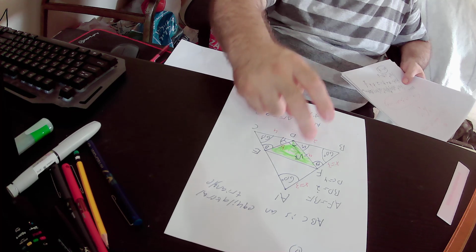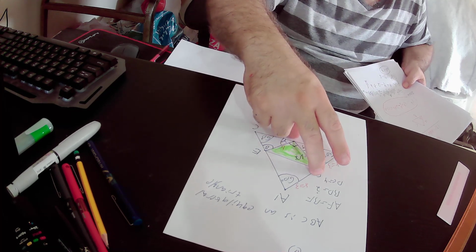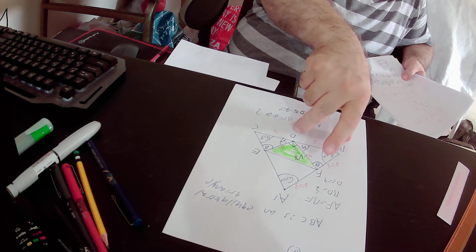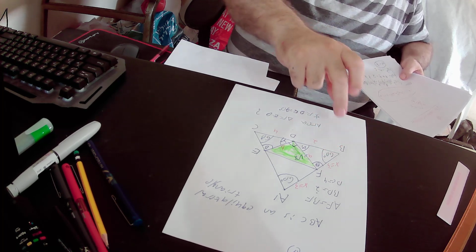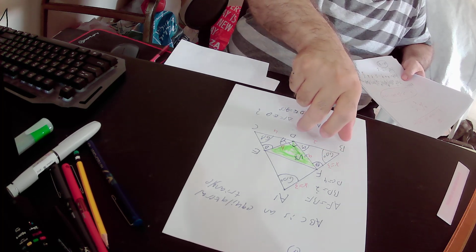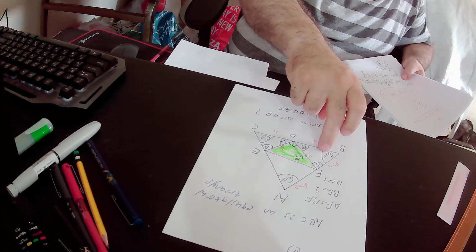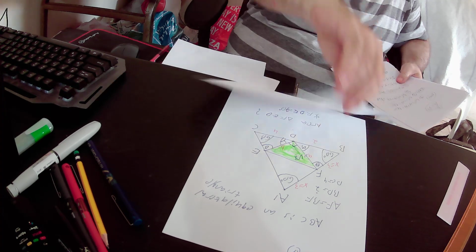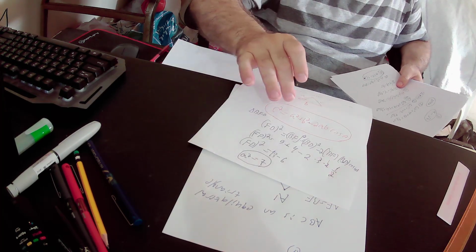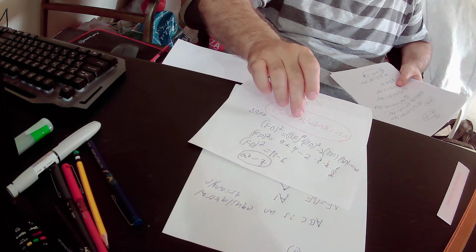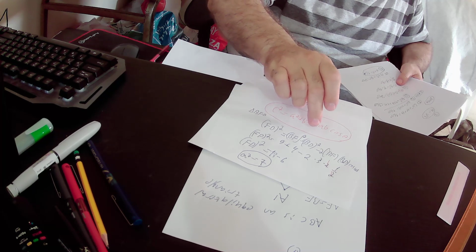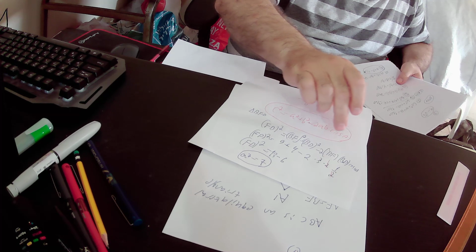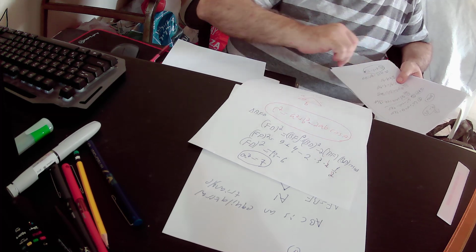So we can say that FD square equals BF square plus BD square minus 2 times BF times BD times cosine 60 degrees.